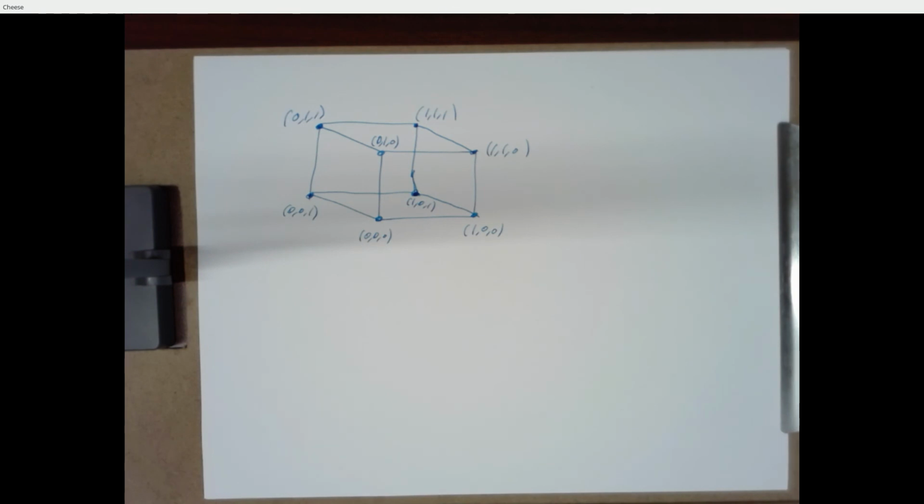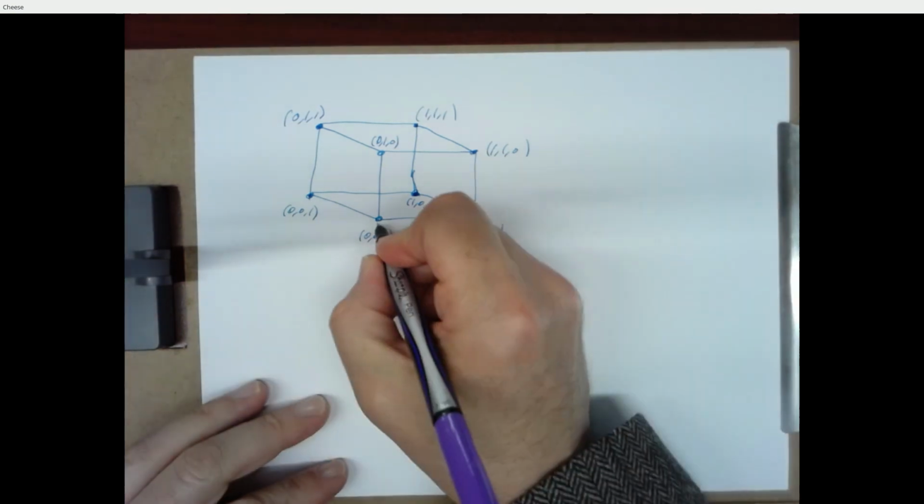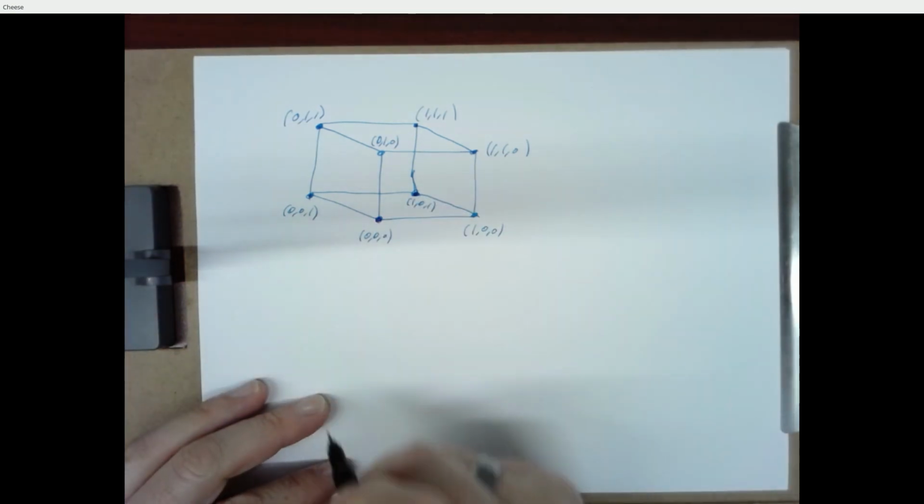So each vertex should have a unique label. 0, 1, good. Okay. And it's a graph. It looks three-dimensional, but it's still just a graph, right? It's vertices and edges. And the question is, can we find a Hamilton path through this graph? And I want to start right here, for example.